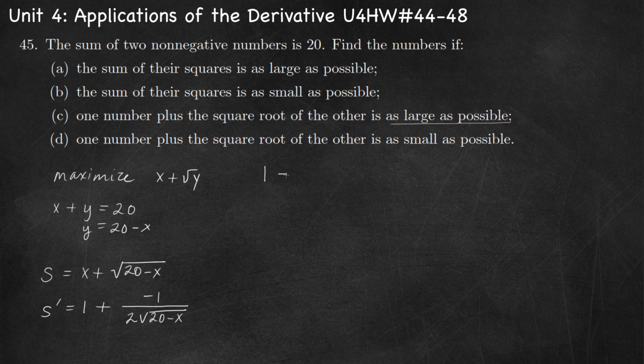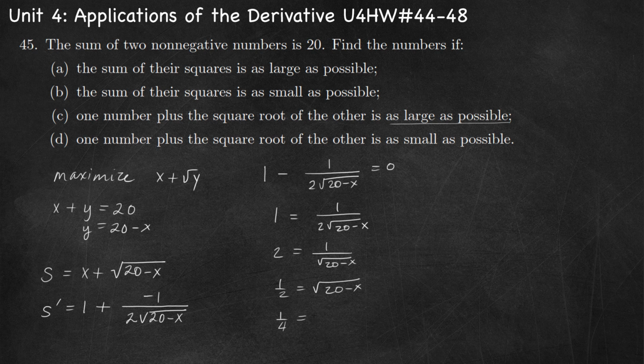We've got 1 minus 1 over 2 times the square root of 20 minus x equals 0. So I can add the second term over to the other side. I get 1 equals 1 over 2 times the square root of 20 minus x. Multiply both sides by 2, I get 2 equals 1 over the square root of 20 minus x. Take the reciprocal of both sides, and then square both sides.